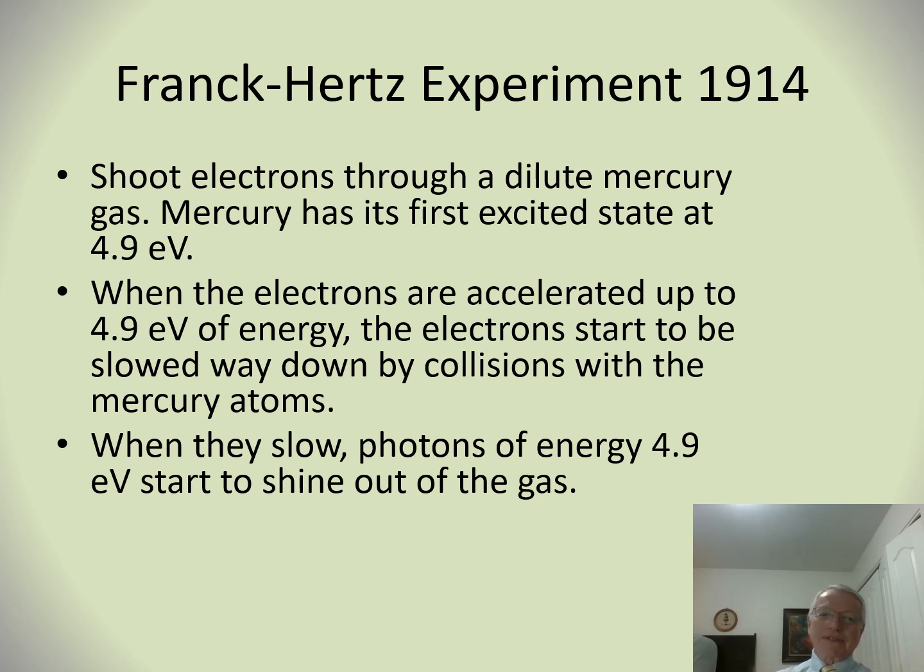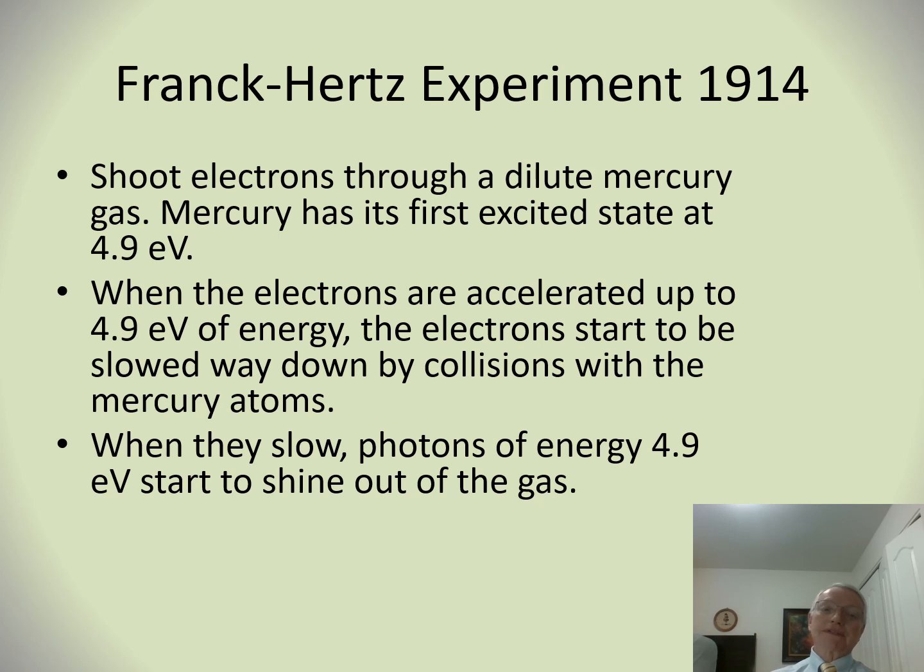In the Franck-Hertz experiment, they took a dilute gas of mercury and they shot electrons into it. Electrons with, at first, very low energy, and then gradually increasing the energy to 1 eV, 2 eV, 3 eV, 4 eV. When the electron energy got up to 4.9 eV, which is essentially 5 eV, all of a sudden, the speed of the electrons going through the gas went way down.